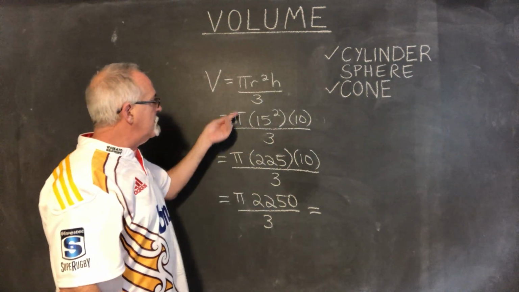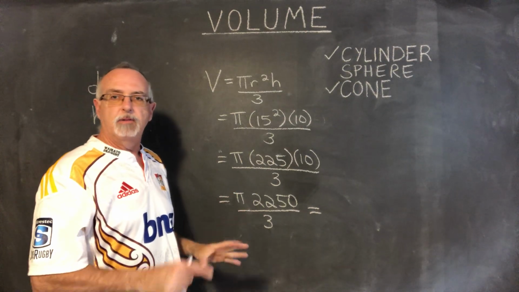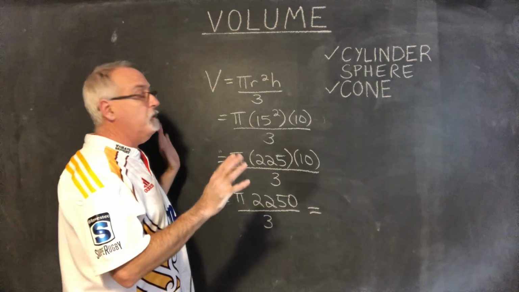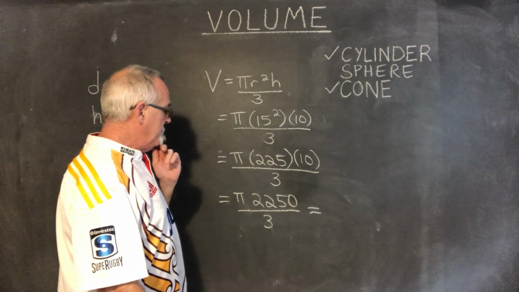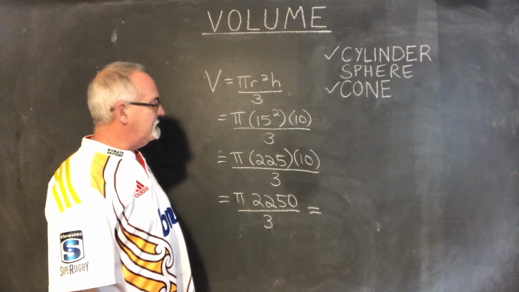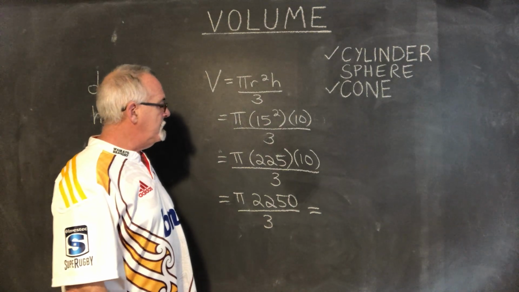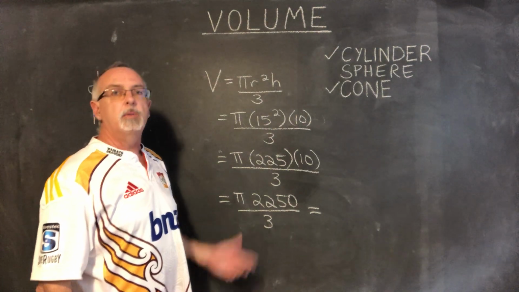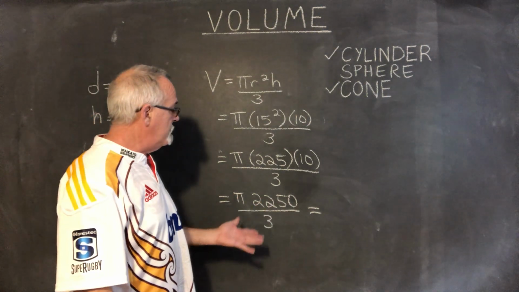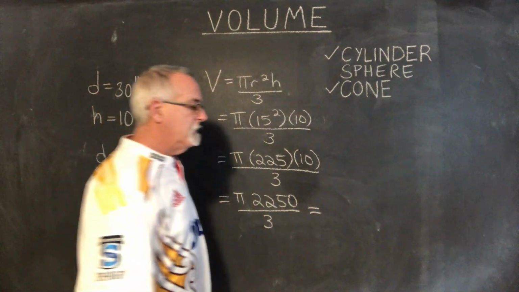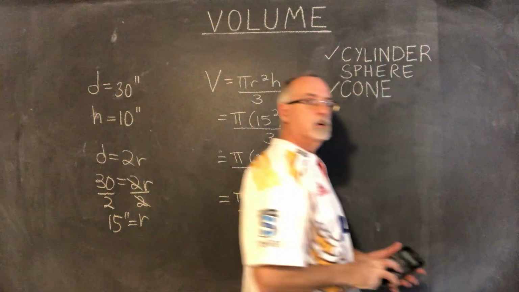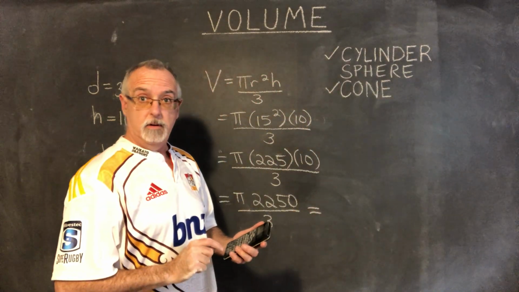Because that's one of the reasons I'm keeping this pi instead of turning it into 3.14, to try to avoid having a decimal for as long as possible. 2250 though, it's going to give me a decimal. 2100 divided by 3 would be 700. But I'm at 750. Hey, let's double check this because I have learned my lesson.